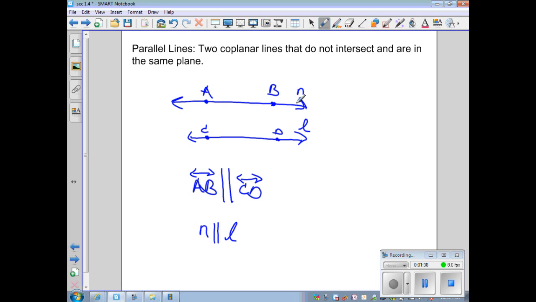For example, if I would color in the arrows, that would represent that these two lines are parallel inside the diagram. If I had another set of parallel lines, let's call them K, lowercase k, and H, I would denote these two parallel lines with two arrows.